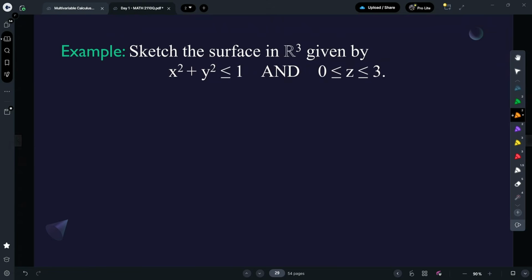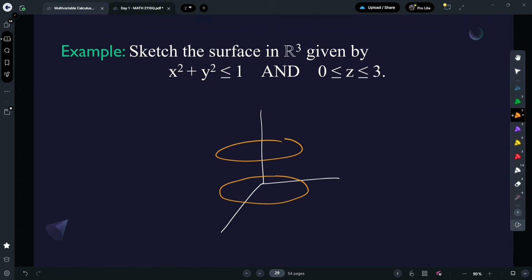But if there are inequalities, then let me draw again the same thing I had before, like that. There is also now the z value is anywhere between 0 and 3, so I'm going to draw the same circle in here.